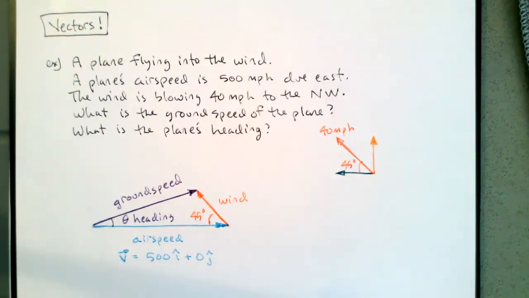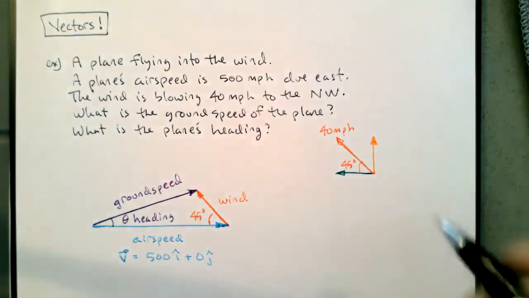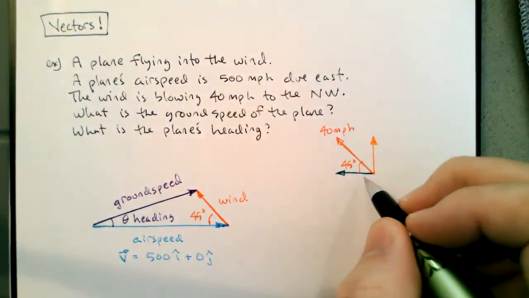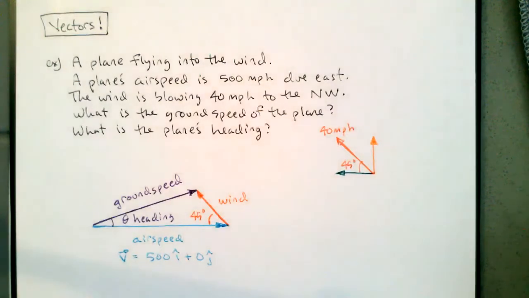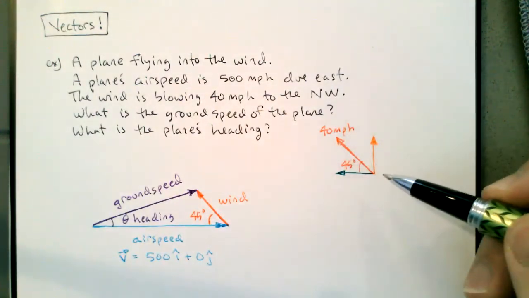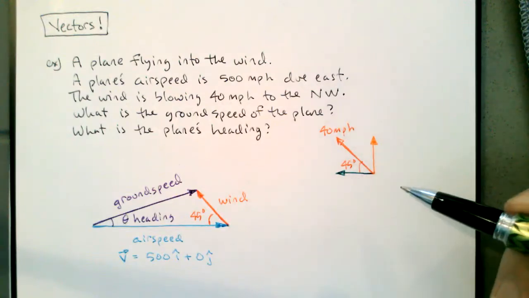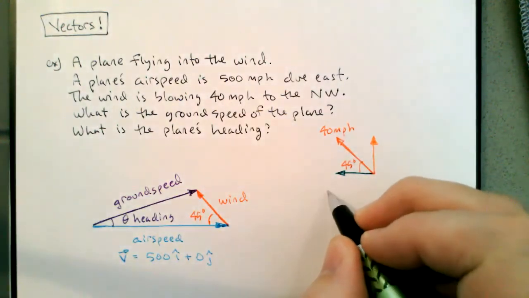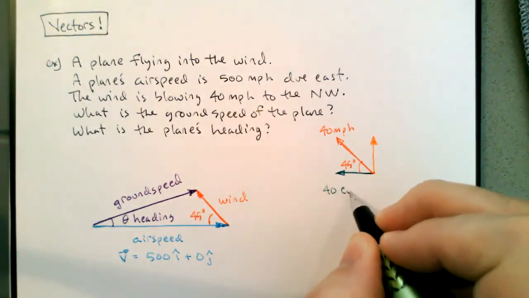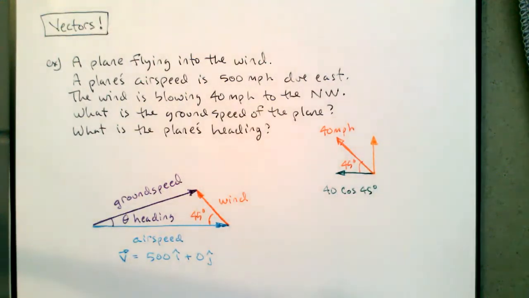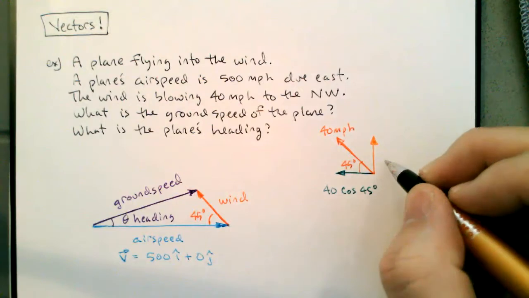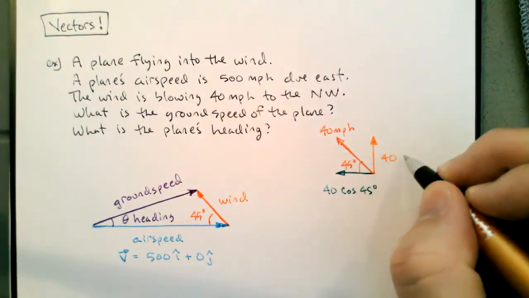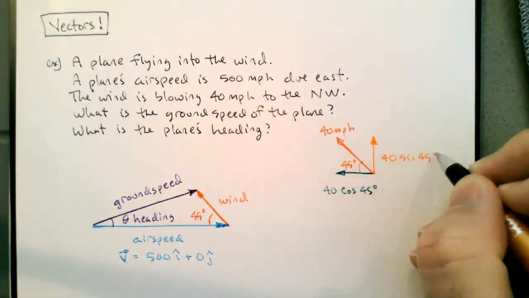My horizontal component will be 40 miles per hour multiplied by √2/2, because I've got an isosceles right triangle. The horizontal component will be the magnitude times the cosine of 45. So the horizontal component will be 40 times the cosine of 45 degrees. And the vertical component will be 40 times the sine of 45 degrees.